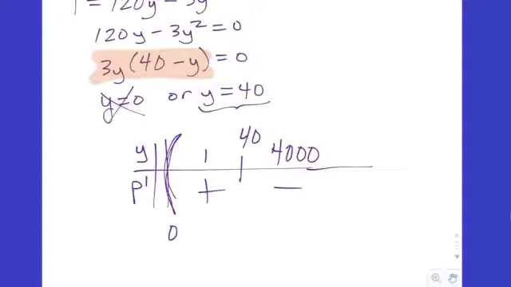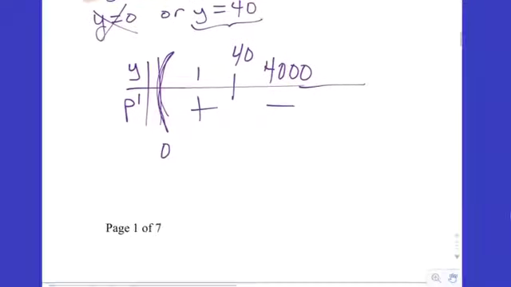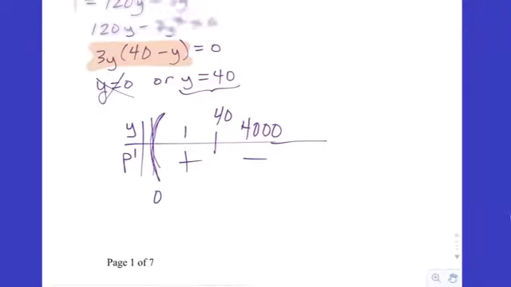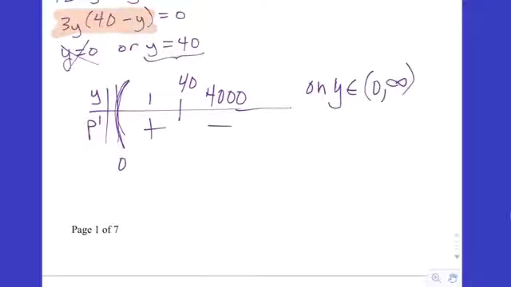No. So notice this tells us by the first derivative test that we have a local max at 40, right? But in the context of our relevant domain, we can also say that this is the absolute max on our relevant interval, okay? Because the only other place it might change signs is to the left of 0, which we're not allowed to do. So on the interval Y equals 0 to infinity, we know that, and here would be the justification.